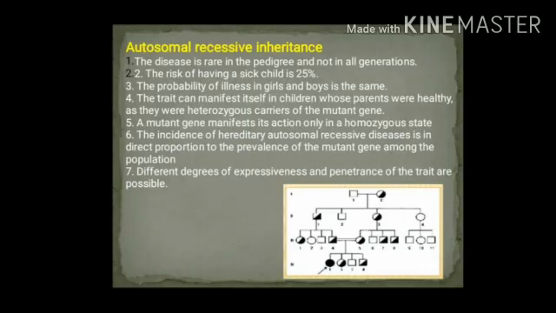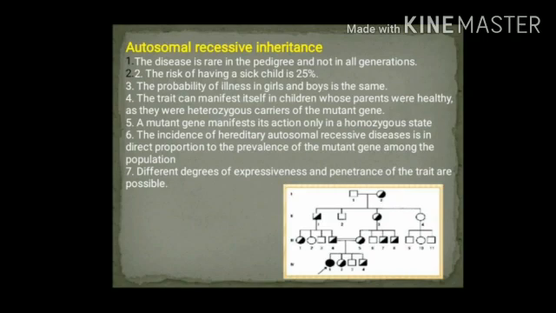The trait can manifest itself in children whose parents were healthy, as they were heterozygous carriers of the mutant gene. A mutant gene manifests its action only in a homozygous state. In a heterozygous state, it can exist for many generations without manifesting itself phenotypically.